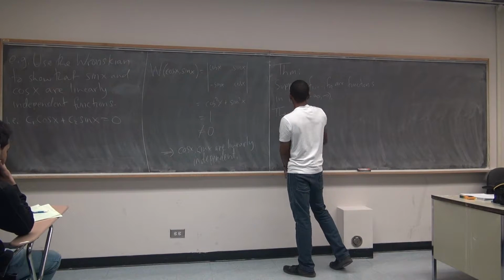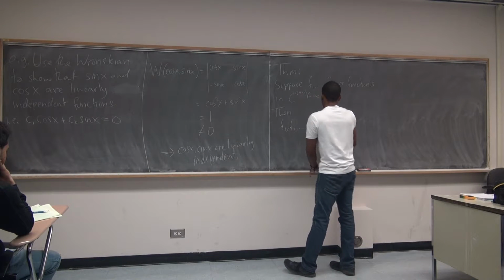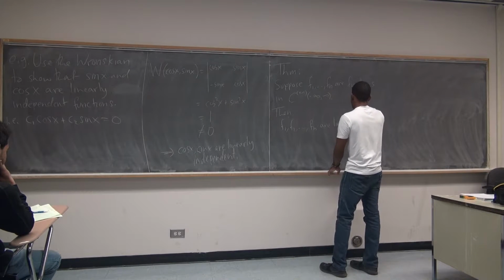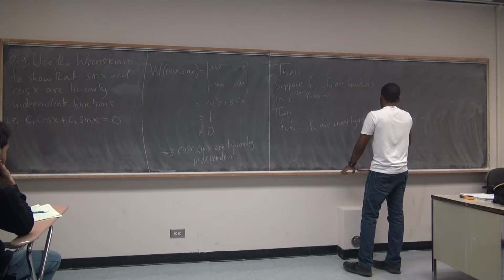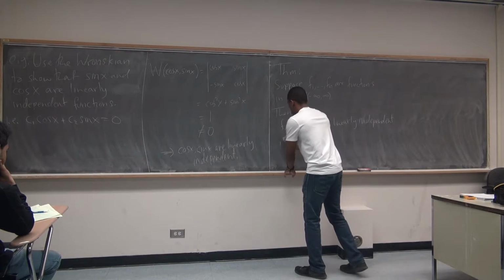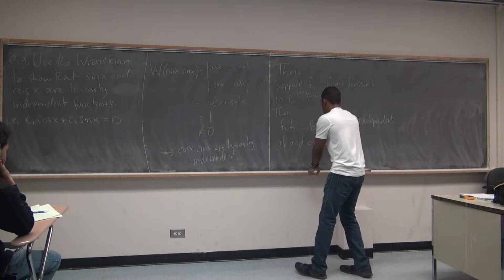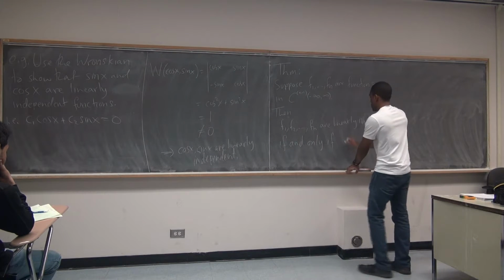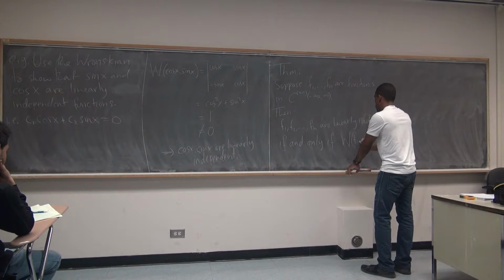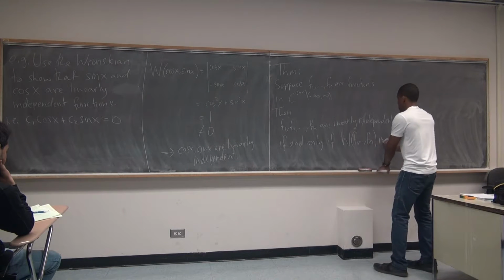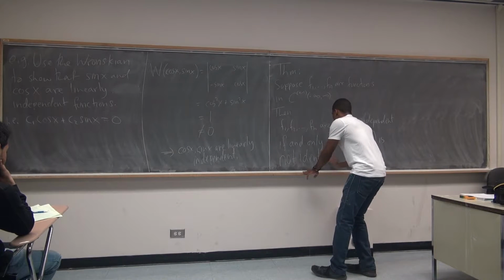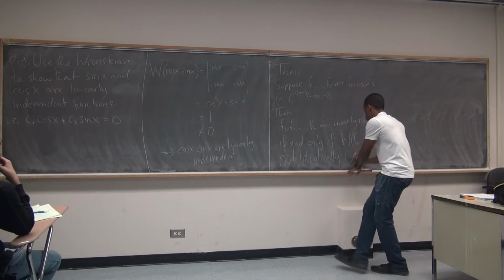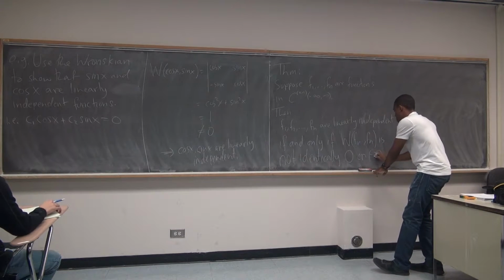Then, we know that f1, f2, fn are linearly independent if and only if the Wronskian of f1 to fn is not identically 0 on the interval of consideration.